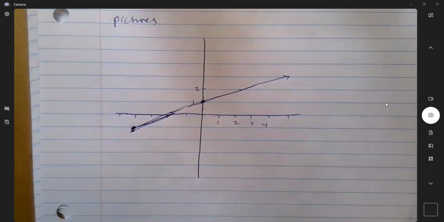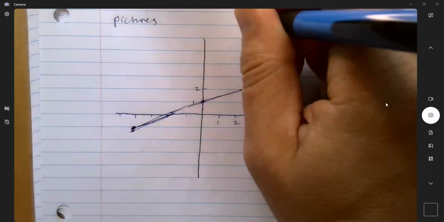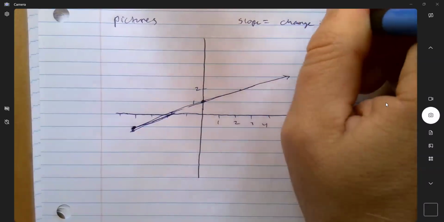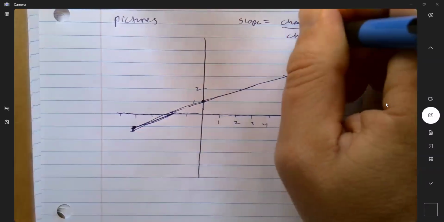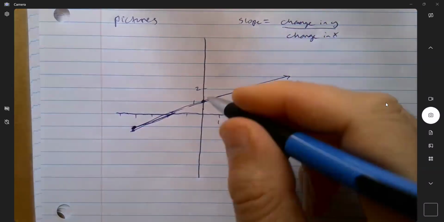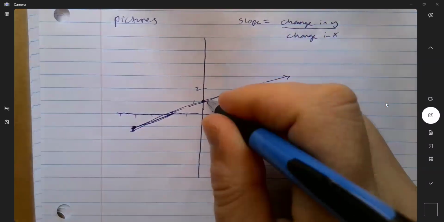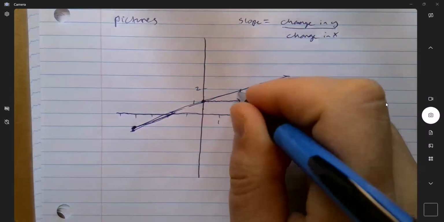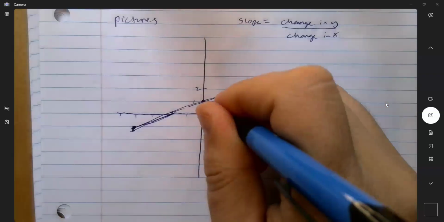And I want to find the slope of this line. Well, the slope is the change in y over the change in x. So what I do is I walk out a certain amount of x's, like let's go this far, and then walk out a certain number of y's.